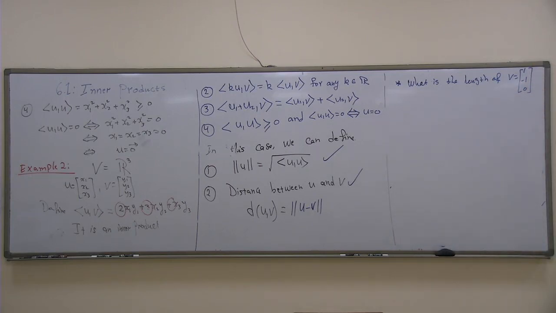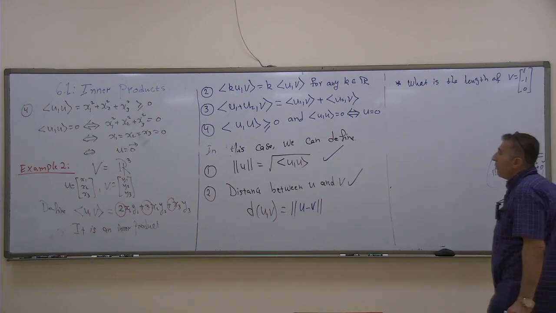What is the length of this vector? Look, if you do it using the previous example, using the Euclidean inner product, you are going to get 1 squared plus -1 squared plus 0 squared, under the root, which is square root of 2. So this is the length under the Euclidean inner product.